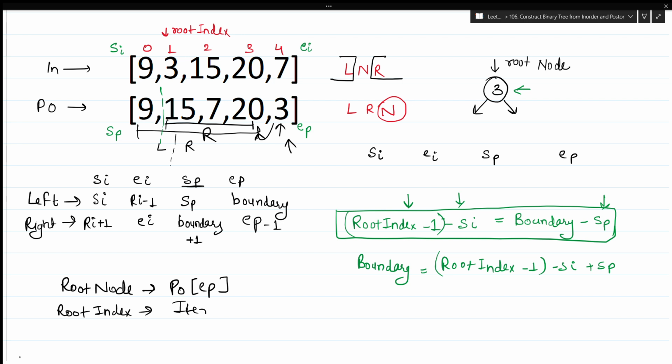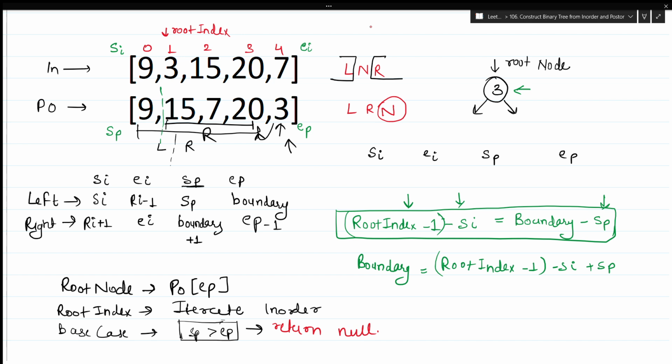What will be my base case? When starting SP is greater than EP, I can simply return a null, as there will be no elements. In this case, my question will be solved.